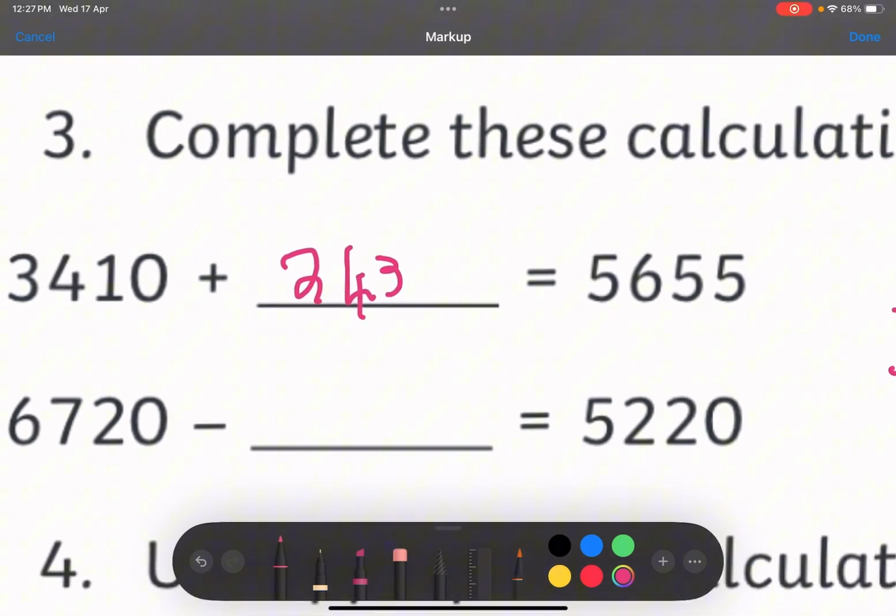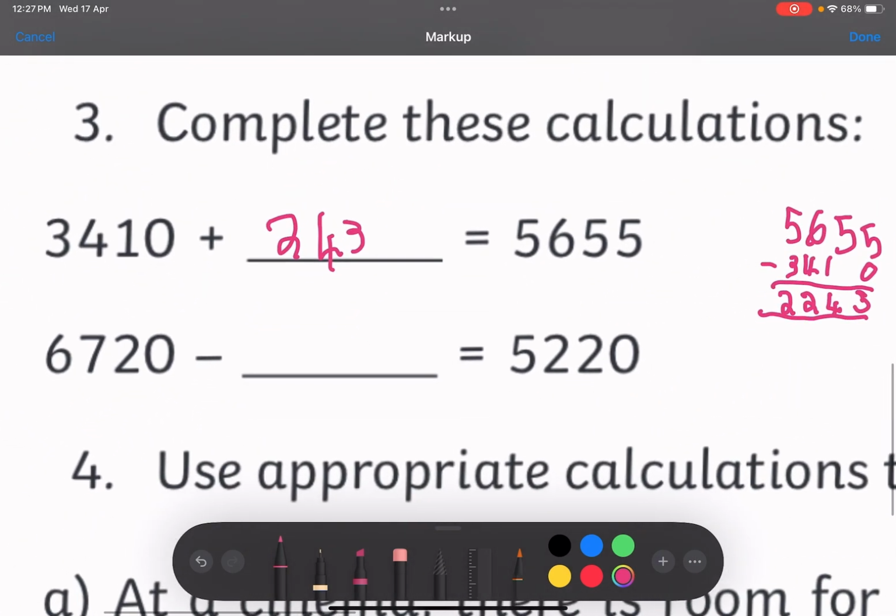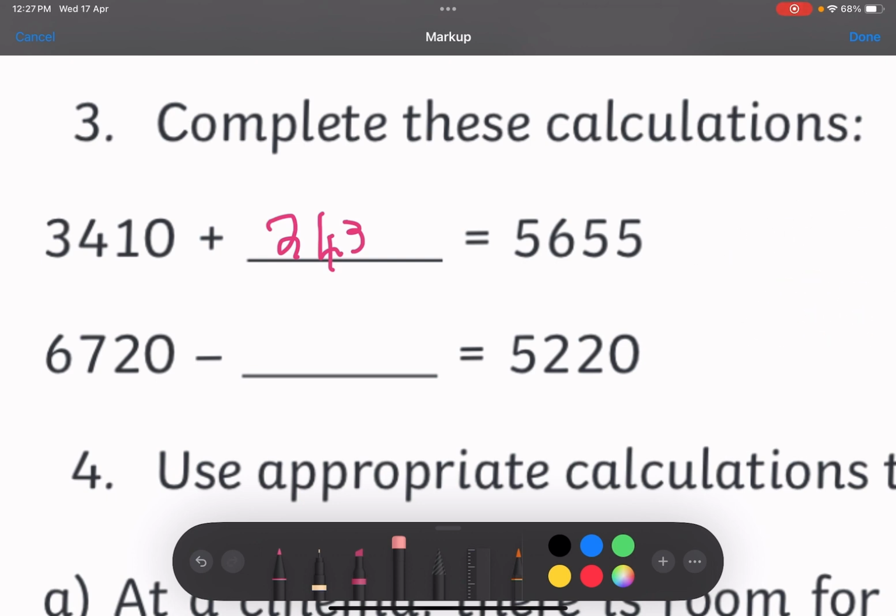Now we're going to repeat the same thing, but with this one. This one is subtract. What's the inverse of subtract? Addition. Now, actually, you can still use subtract.